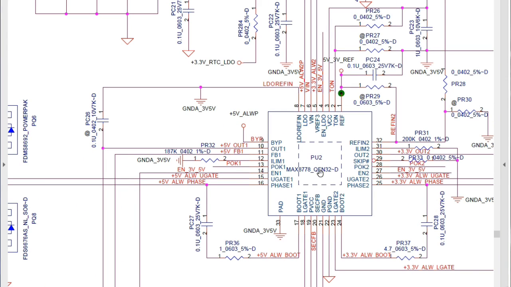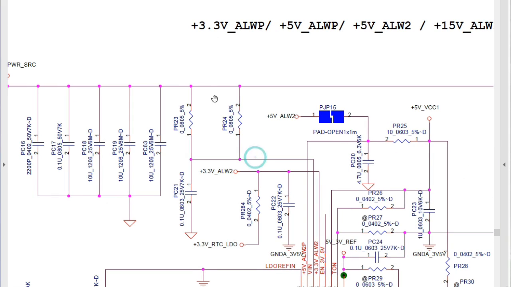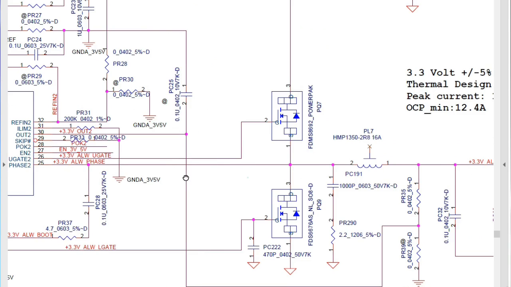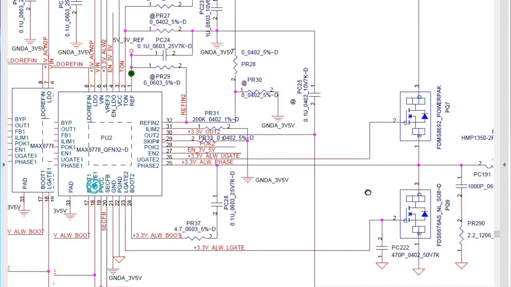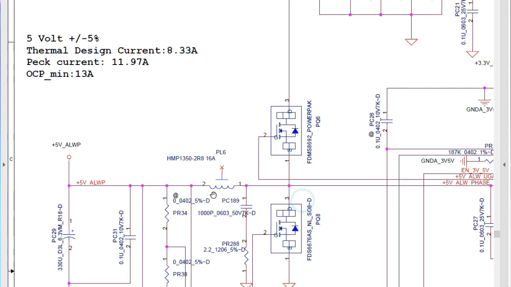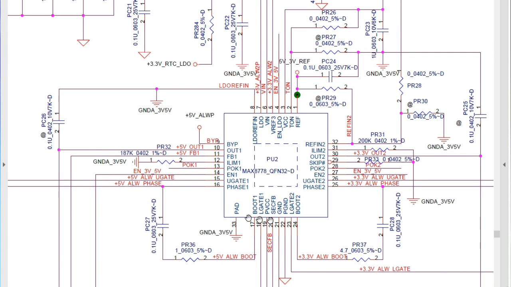Why? Because this IC is responsible for generating 3.3 volt always and plus 5 volt always. So if you find the 3.3 volts is absent, you can go and check plus 5 volt. If you find the plus 5 volt is also absent, that means the IC can be failed.